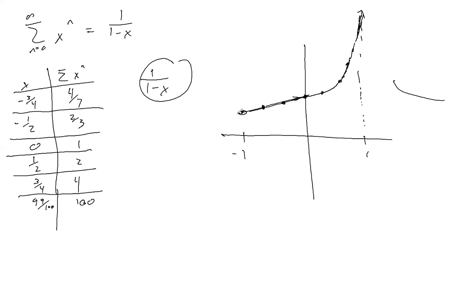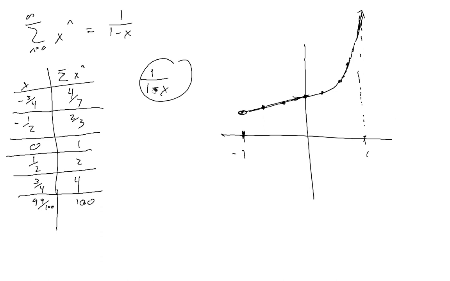And then similarly on this side of -1, this function still exists, right? This function keeps going. But this series only exists between -1 and 1. So the series doesn't exist outside this interval.